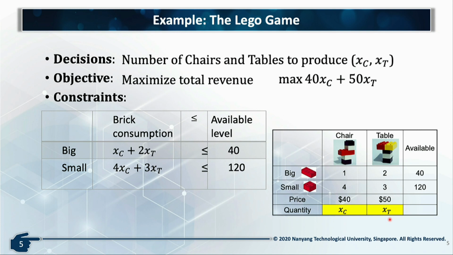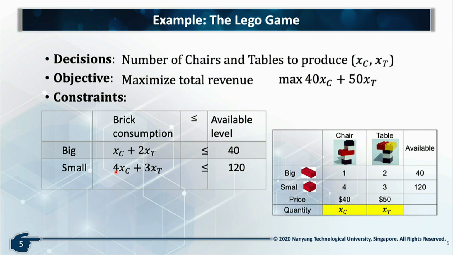And this total consumption of big bricks should be smaller or equal to the total number of the bricks available, which is 40. That comes to our first constraint. Similarly, we can also write down the second constraint regarding the limited resource for these small bricks. Clear?